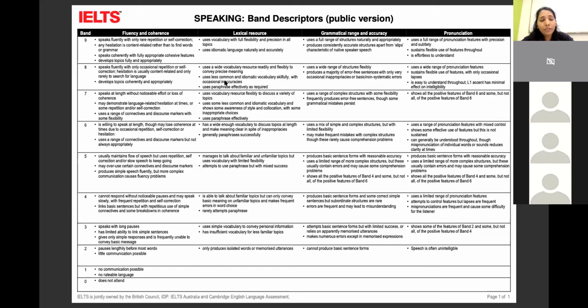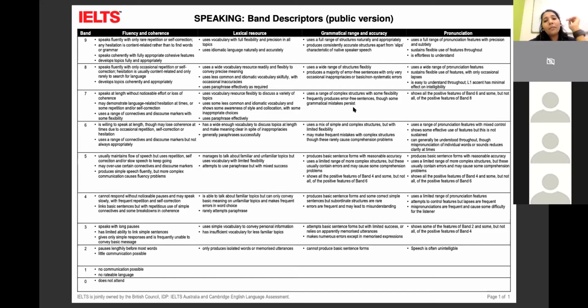Then for band 7, for your lexical resource, it's important that you use vocabulary used for speech, and use less common vocabulary, and use idiomatic language, such as walk in the park, cup of tea, it was a breeze, and things like that. Use idiomatic or metaphorical language to get a higher band in your speech.